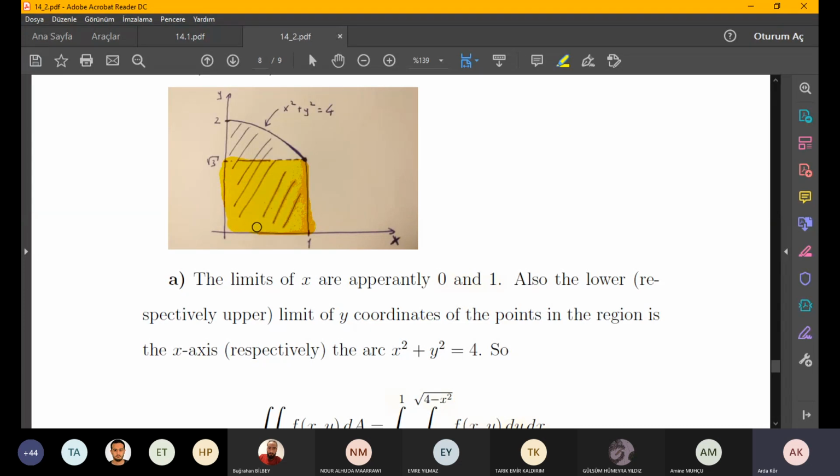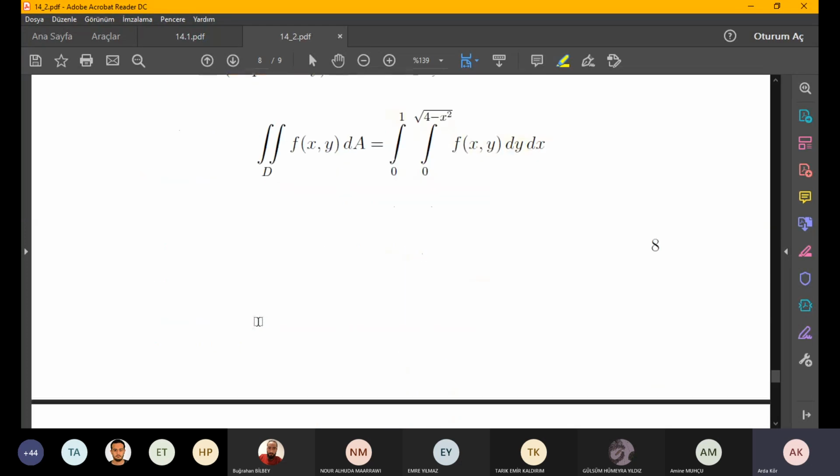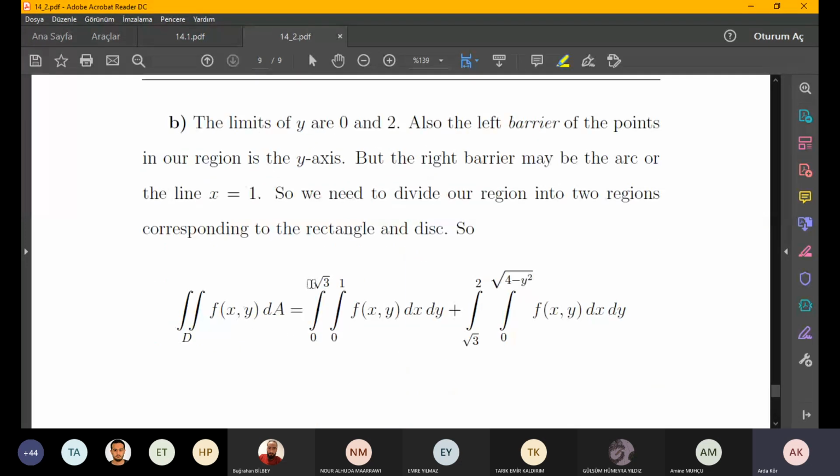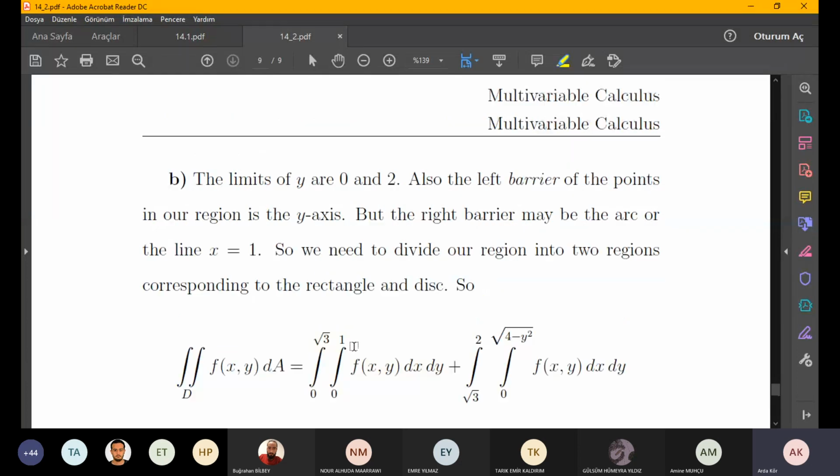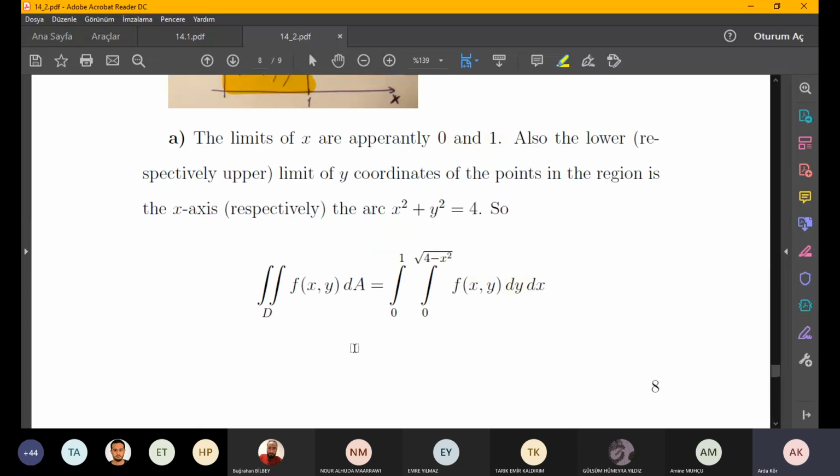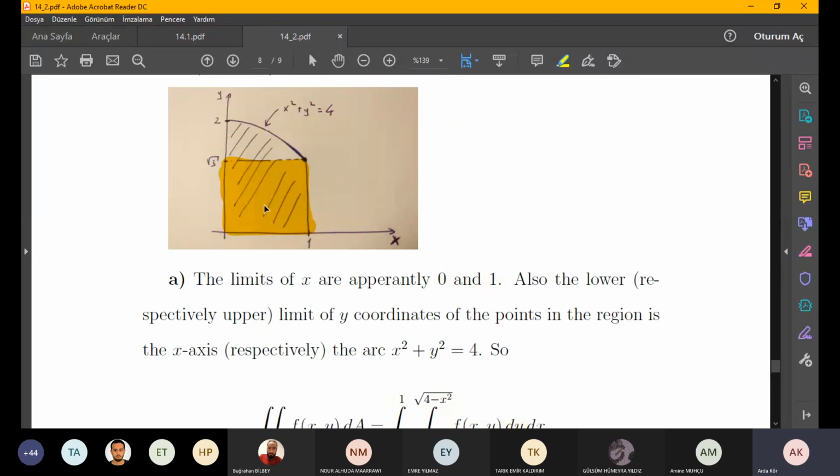So the first region, if you suppose the first region as I shaded now, like that, it is x and y simple domain, which can be just computed as the integral of f(x,y) dx from 0 to 1, then dy from 0 to square root of 3, since the region that we shaded here is x and y simple.